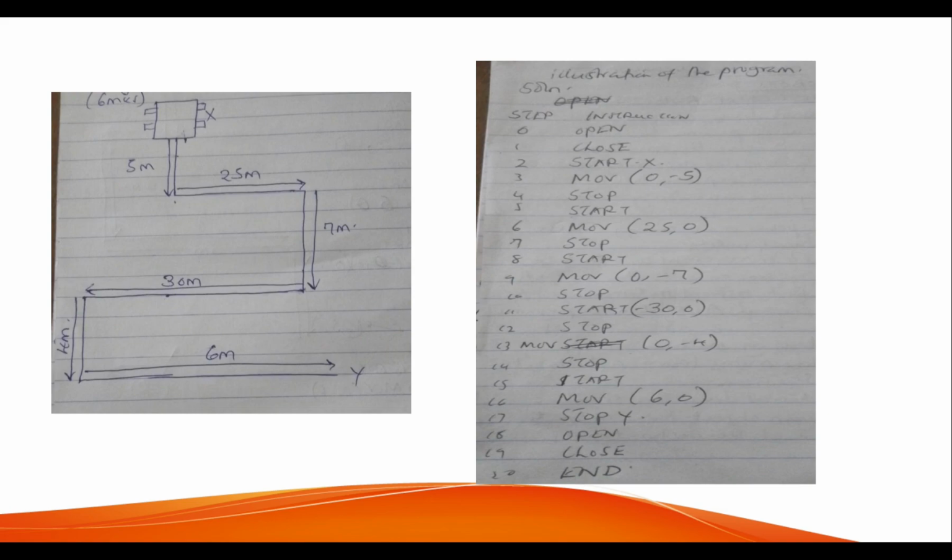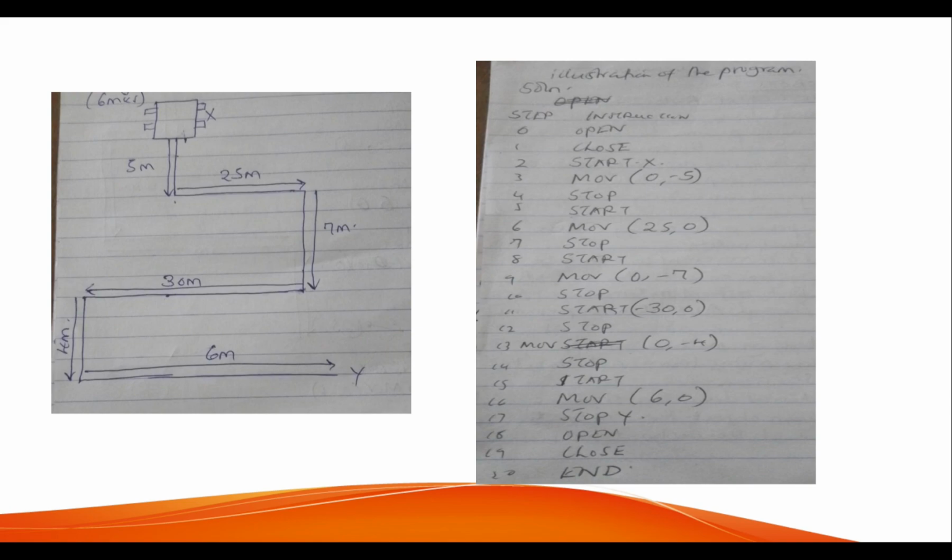After that it will have to stop and move 7 meters downwards, which is a negative distance based on that Cartesian plane. So I'll write move 0 because the x-axis is not affected, then comma -7.